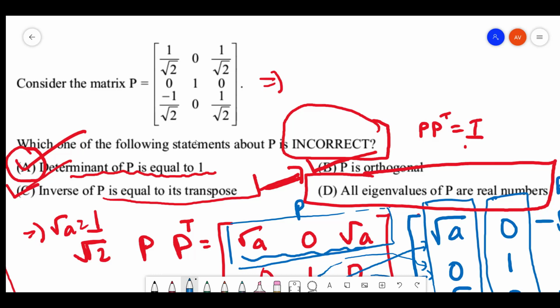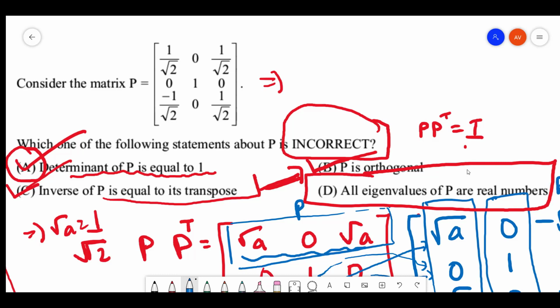If you want to know more details about matrix multiplication, you can check out the NPTEL lecture. One important thing is that we proved all these three options. You can also try checking the eigenvalues of P to see if option D is correct or not.